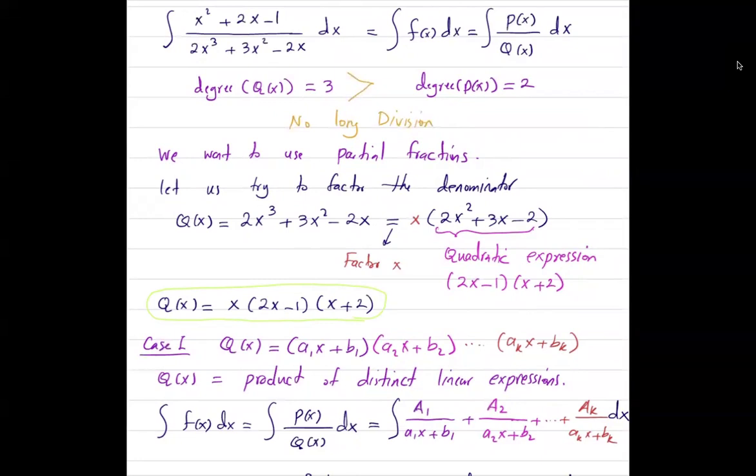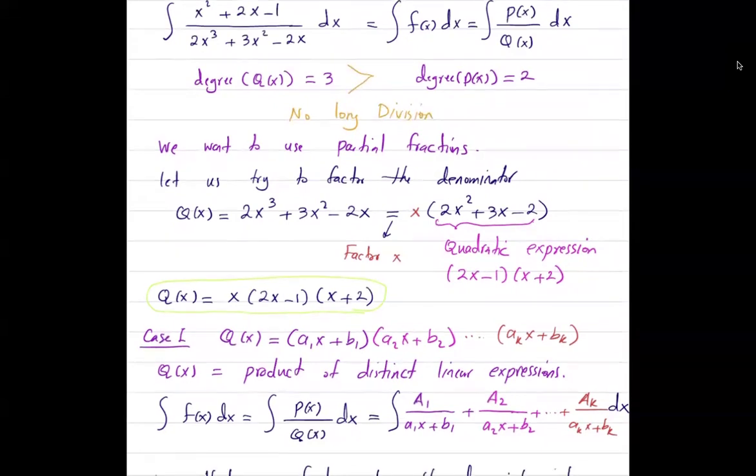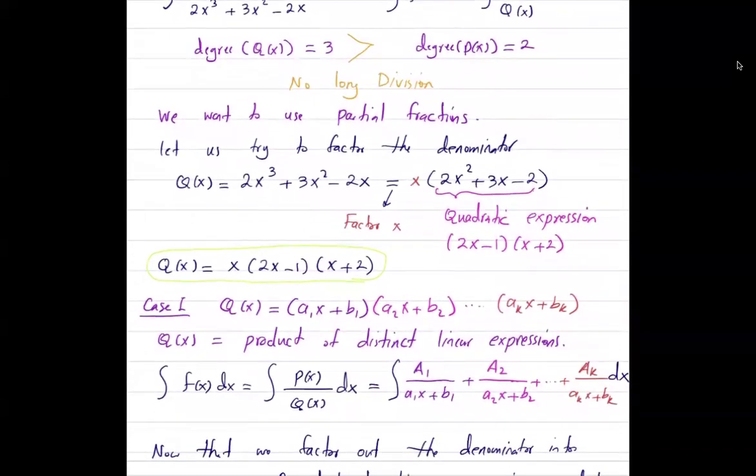If you can break down the denominator into the multiplication of distinct linear expressions, then you can use partial fractions. The partial fractions are a1 over a1x plus b1, which is your first linear term, a2 divided by a2x plus b2, second linear term, plus the rest of them, and you have a sub k divided by akx plus bk, which is your last linear expression.